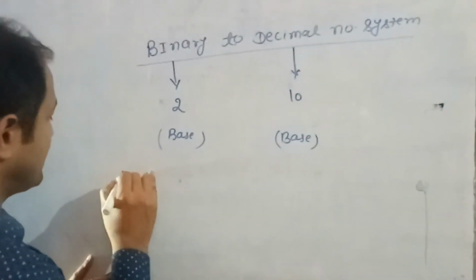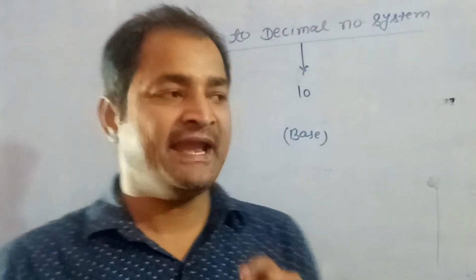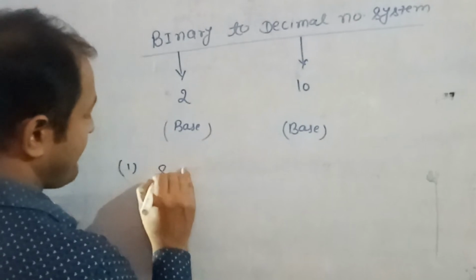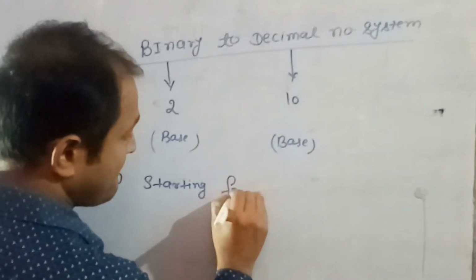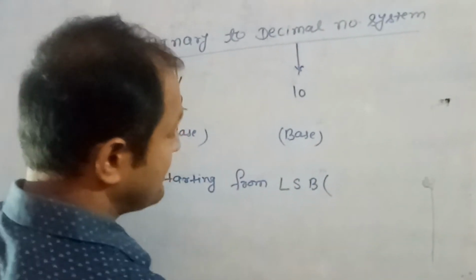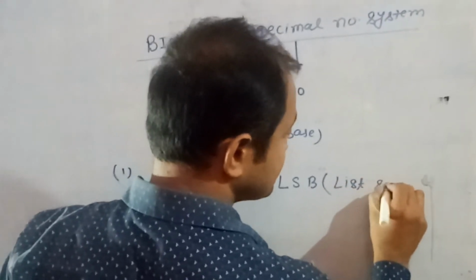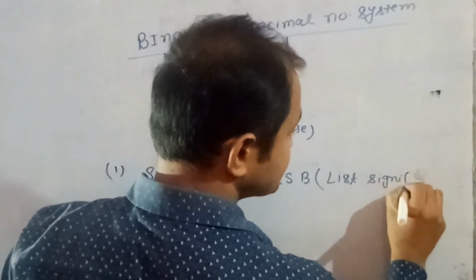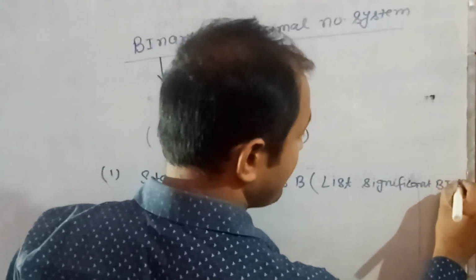Second point, start from the LSB, least significant bit.